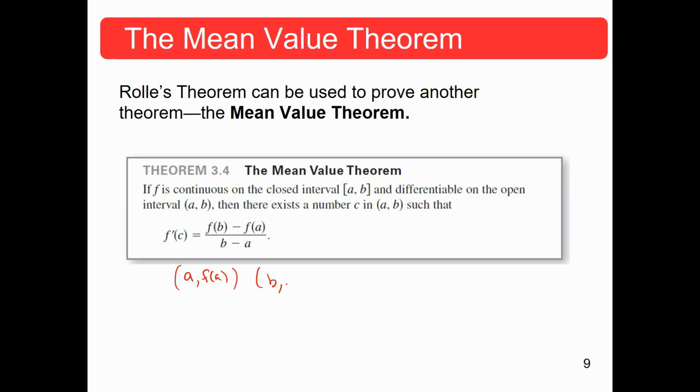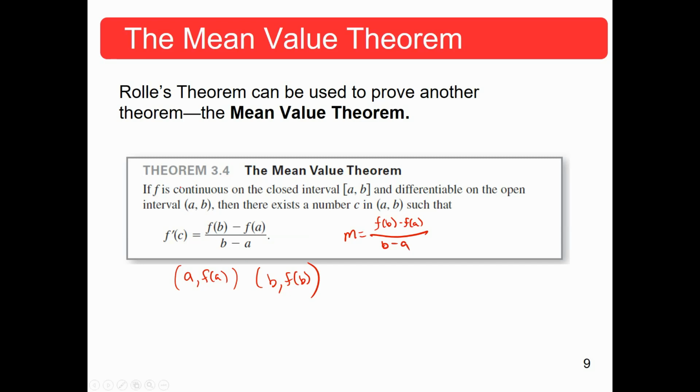And we've got b, f of b. Remember, anytime you see f of something, that's just the y value associated with that x. So to find the slope, it equals y2 minus y1, f of b minus f of a, over x2 minus x1, b minus a. That's just the slope of the line that goes through the endpoints.